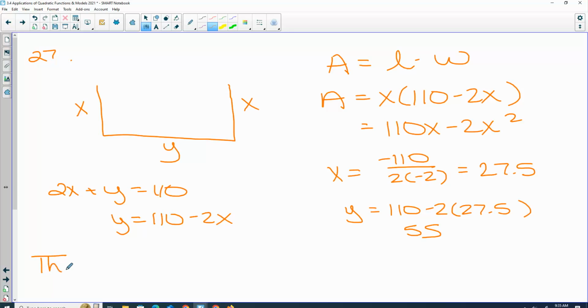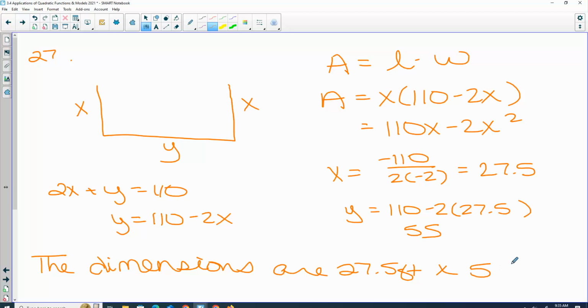So I didn't ask for the area, but I could have. The dimensions are 27.5 feet by 55. Any questions on that?